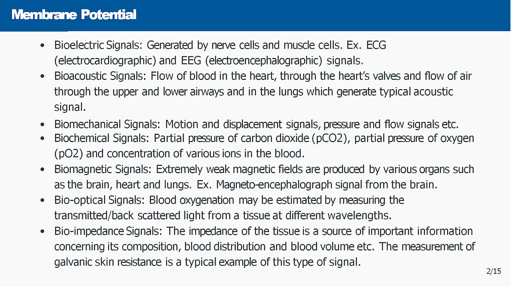Now, as we have discussed, these bioelectric signals can be generated from different nerve cells. The major part of these bioelectric signals is generated by the nerve cells and muscle cells. Examples are electrocardiogram and electroencephalogram.